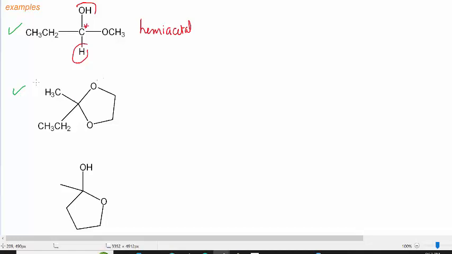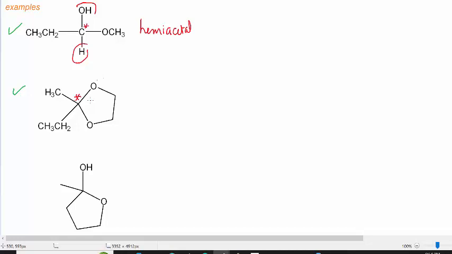In this structure, part of it is a bond line drawing. Look for the carbon directly attached to two oxygen atoms. That's this carbon right here, so put a star there. All right, is this a hemispecies or not? Well, is there an OH present?